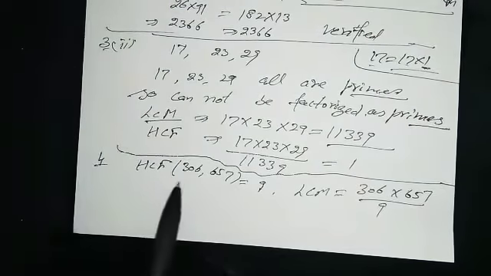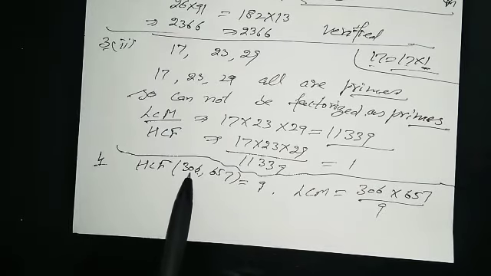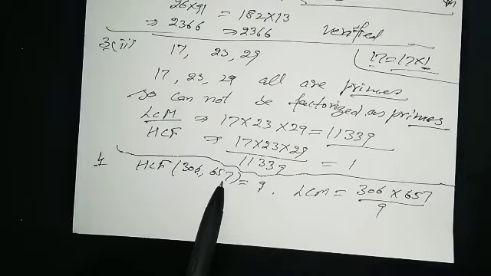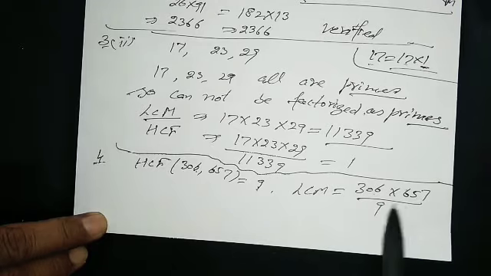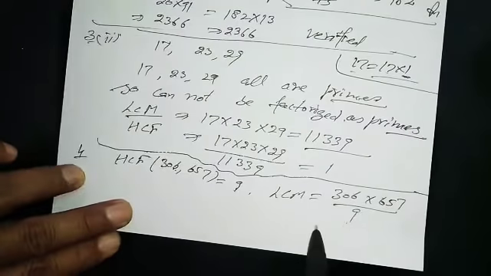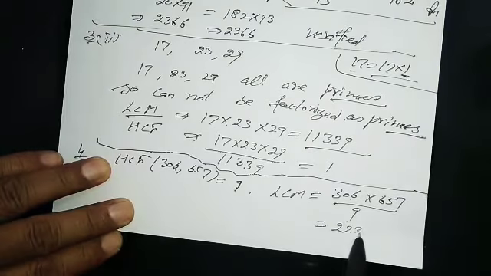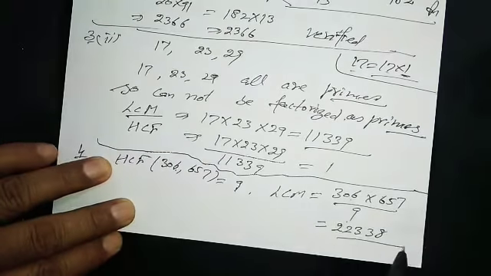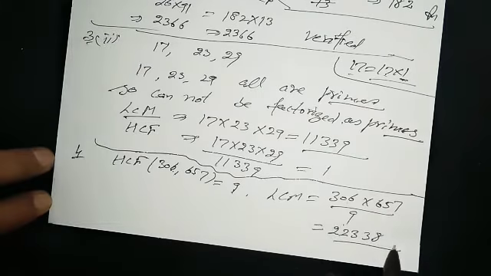As it is given that the HCF of these numbers, we do not need to make prime factors of these numbers. So you just have to use the formula, product of numbers divided by HCF, and you will get 22338. This will be the answer of this.